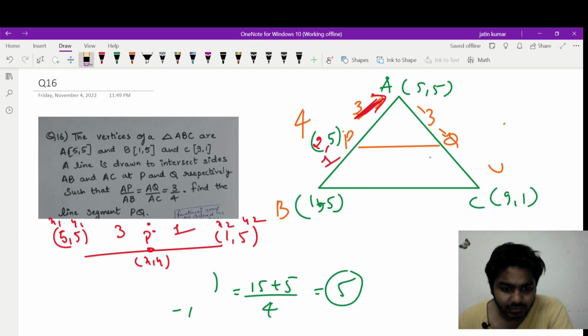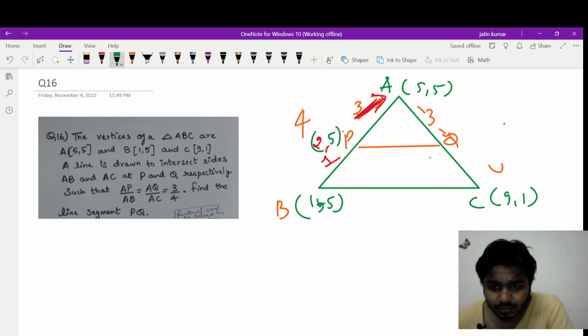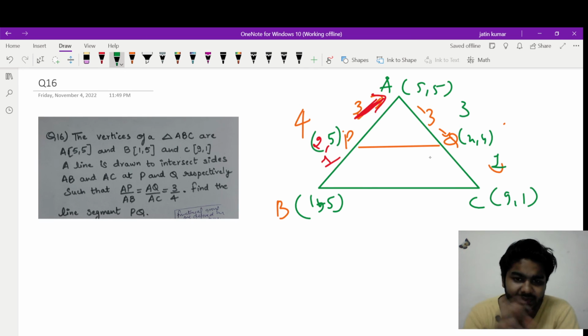Now through the same logic, we will find the coordinate of Q. Let's call it x, y, and the ratio is 3:1 only, because by the same calculation the ratio will come out to be 3:1.